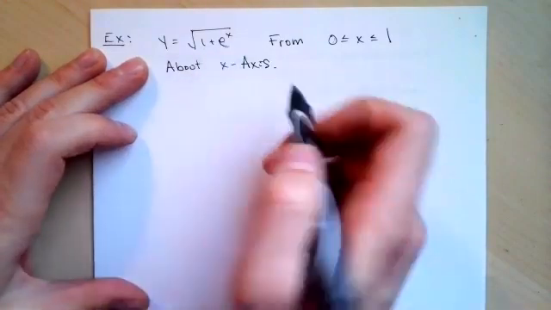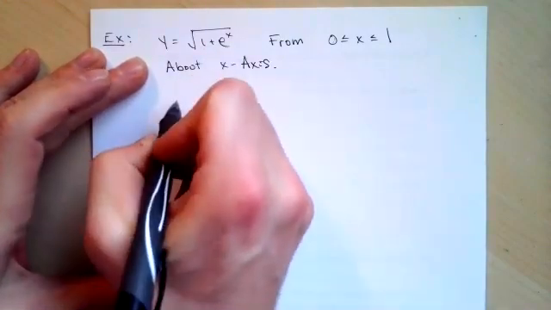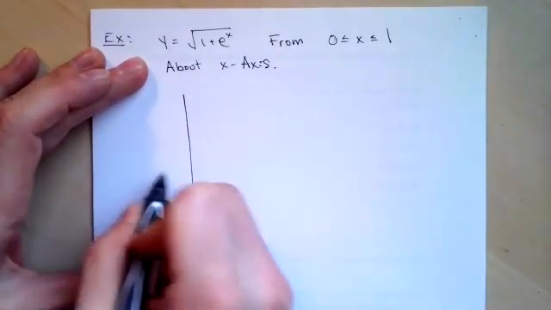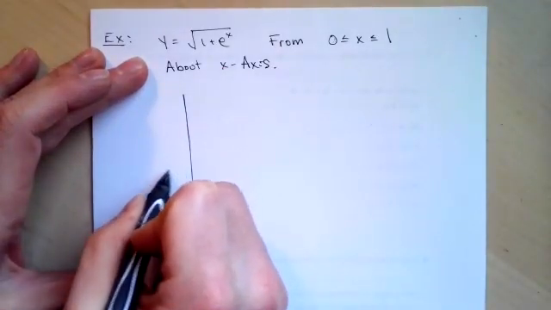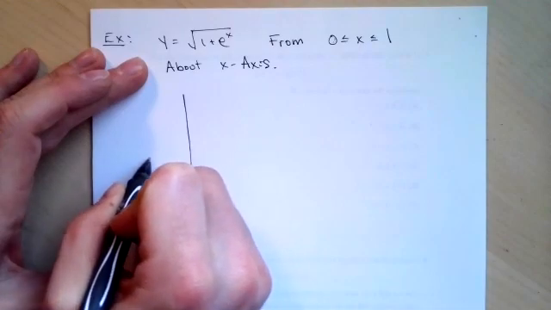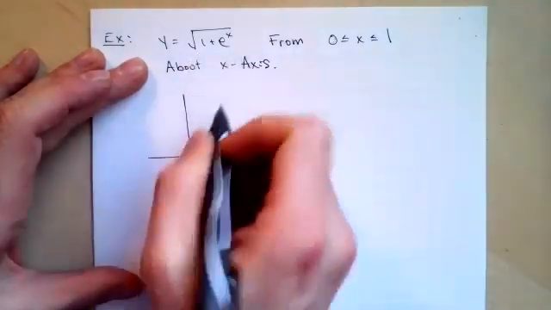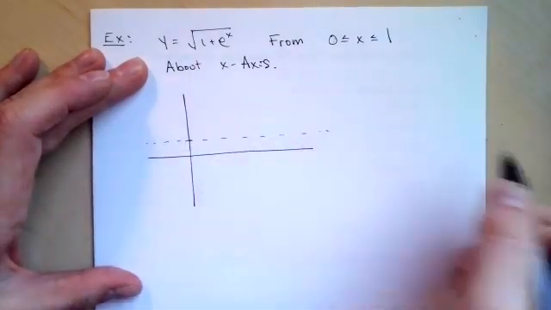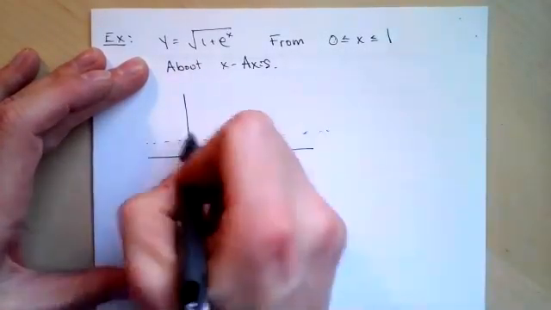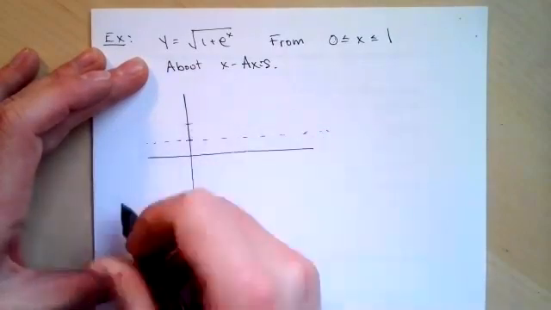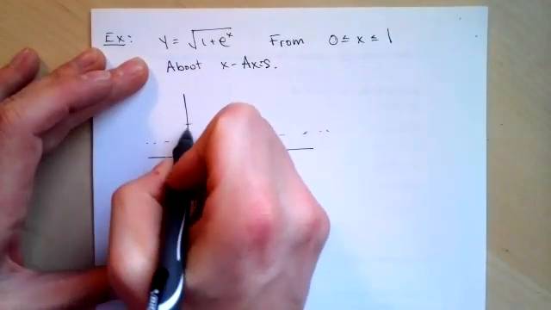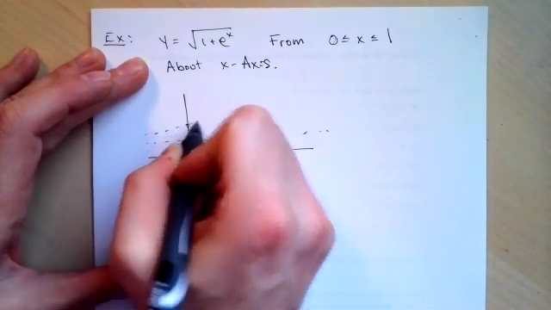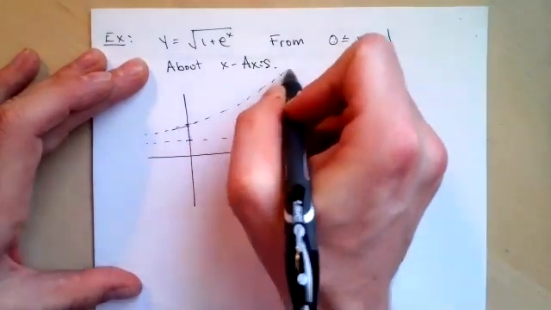So we need 1 plus e to the x, and then take a square root of that. So e to the x has an asymptote at the origin. We're going to shift it up 1, so that'll shift the asymptote up here. We are going from 0 to 1. So it should be something like an exponential curve.